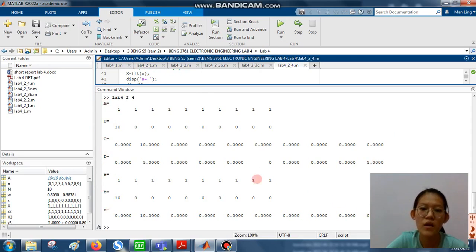The answer is the same as using the DFT equation and the DFT matrix n, because both of them are using the FFT to run the code.